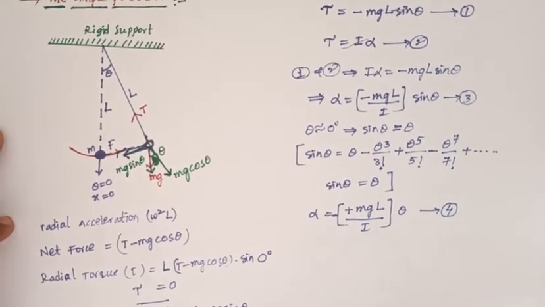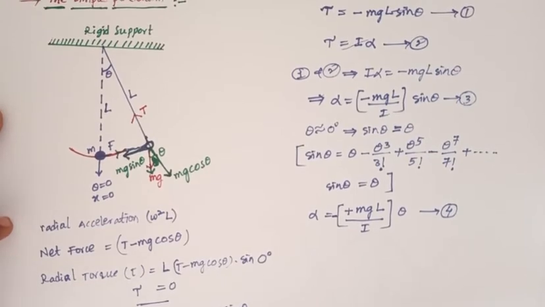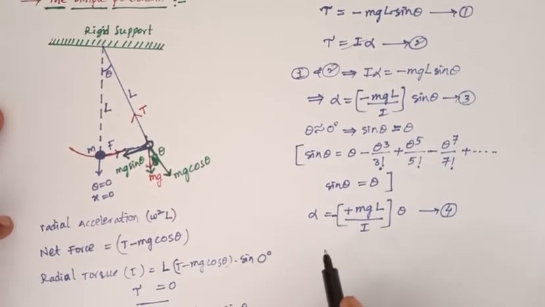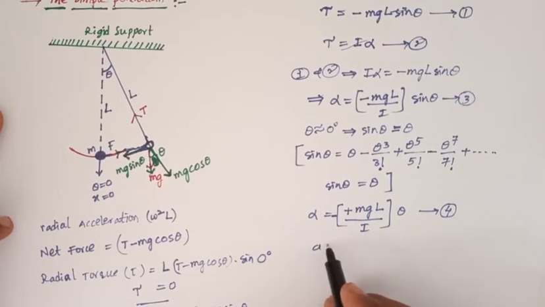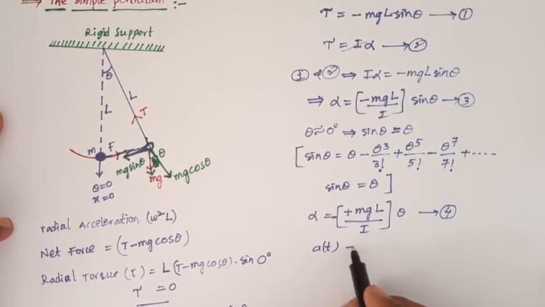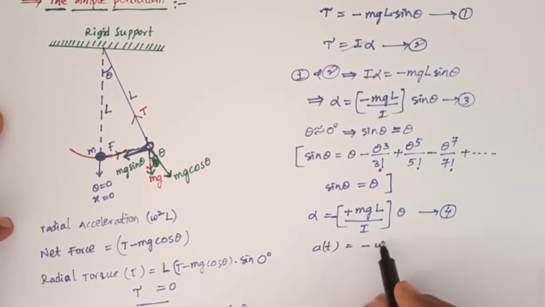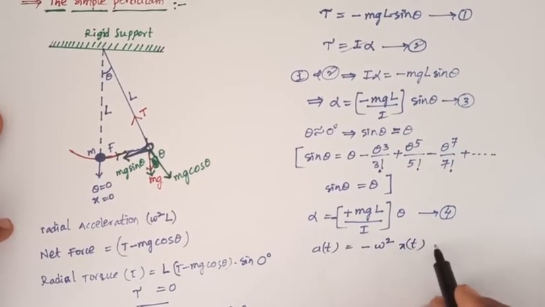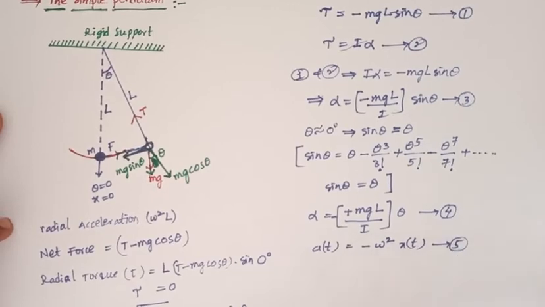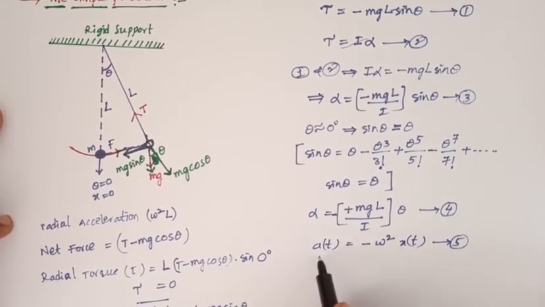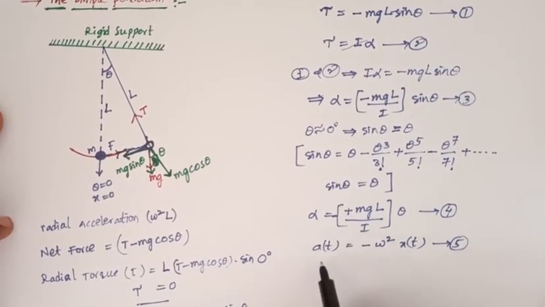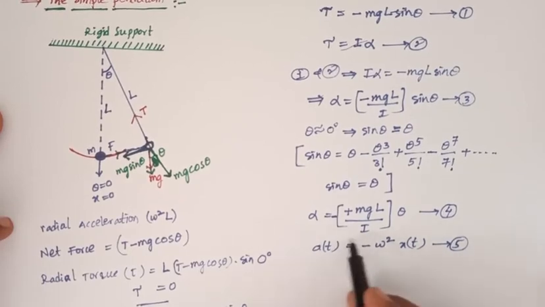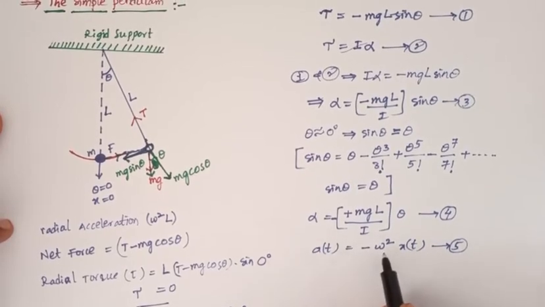We know the simple harmonic motion equation along linear motion, that is a of t equals minus omega square into x of t. Equation number 5. Acceleration along linear motion, a of t, equals minus omega square x of t.